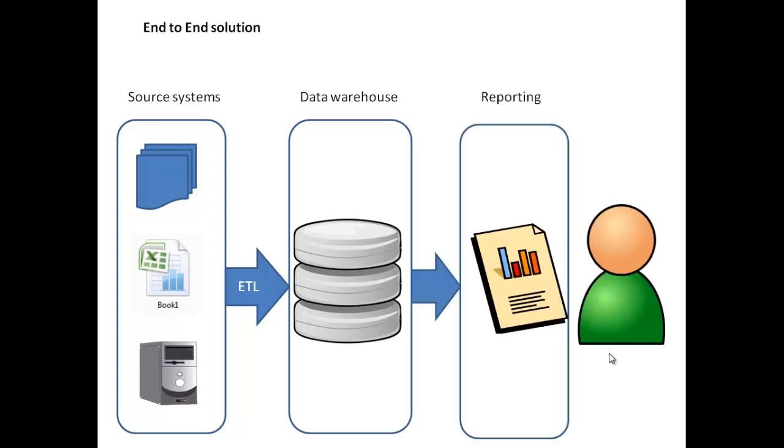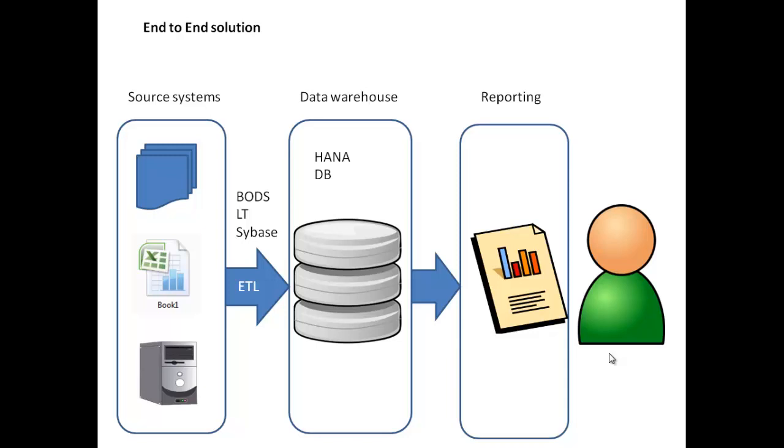So what the HANA solution offers is the HANA database, obviously, which is the in-memory database, and ETL tools such as Business Objects Data Services, LT Replication Server, Landscape Transformation Replication Server, and the Sybase Replication Server, which help load or replicate the data from source systems into the data warehouse.